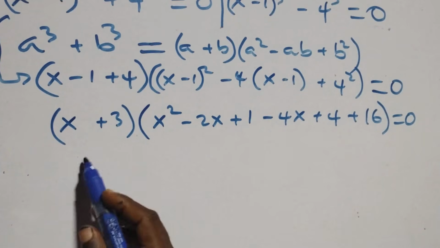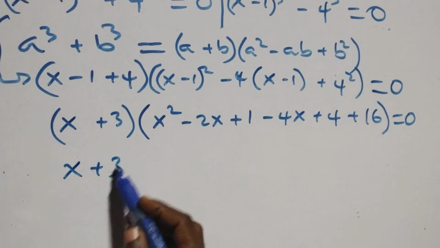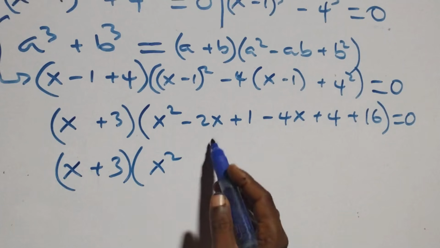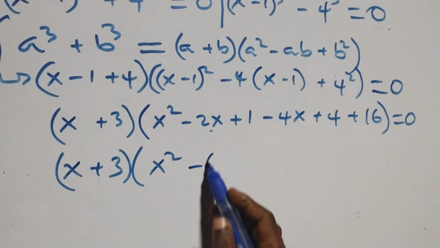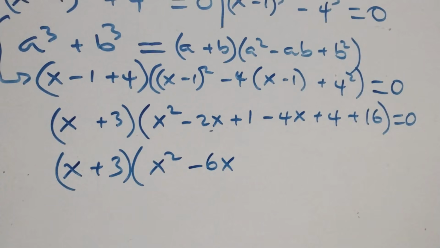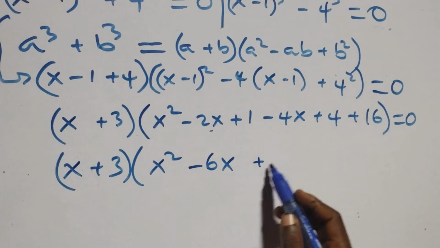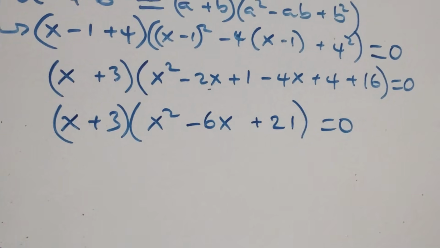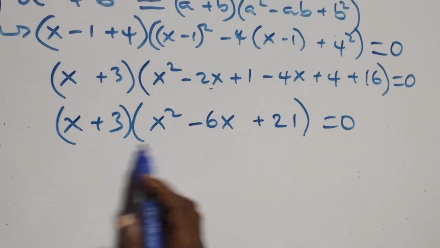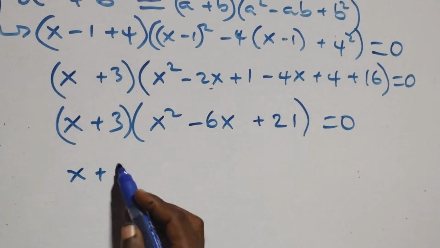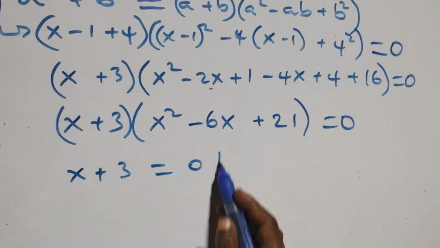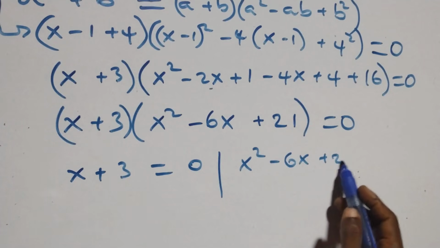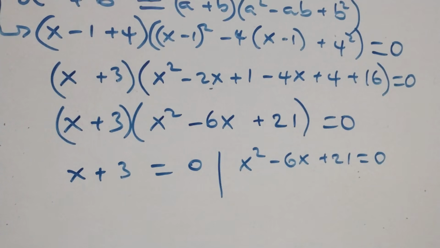That is, here we have (x plus 3) into (x squared minus 2x minus 4x, that's minus 6x, 16 plus 4, 20 plus 1, that's plus 21) equals to 0 here. That is, here we have two possible cases as well. x plus 3 equals to 0, or we have x squared minus 6x plus 21 equals to 0 here.